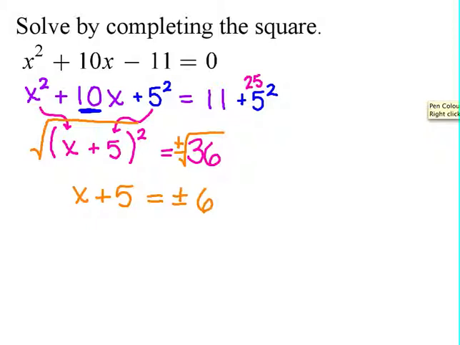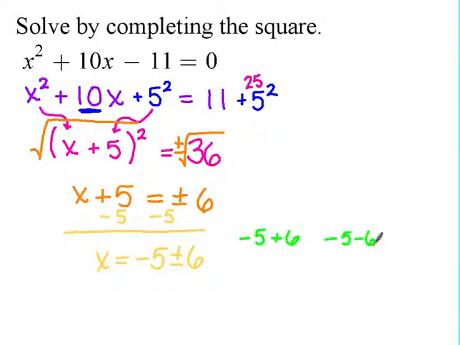So then now what I need to do is subtract 5 from both sides. So I end up getting negative 5 plus or minus 6. Now there are actually 2 solutions here. The first solution is negative 5 plus 6, and the second solution is negative 5 minus 6.